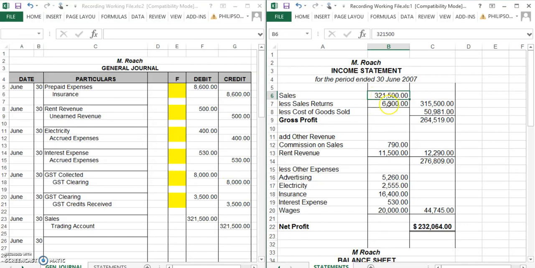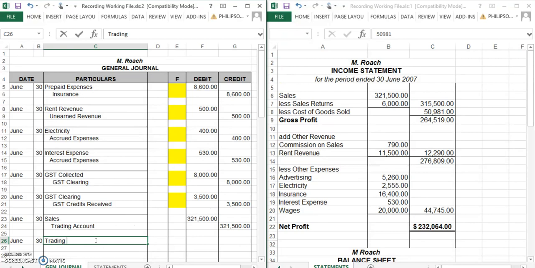Now we need to close off our sales returns and our cost of goods sold. Both of these are a debit, so in order to close them off to trading, we need to debit trading and credit these. 6,000.